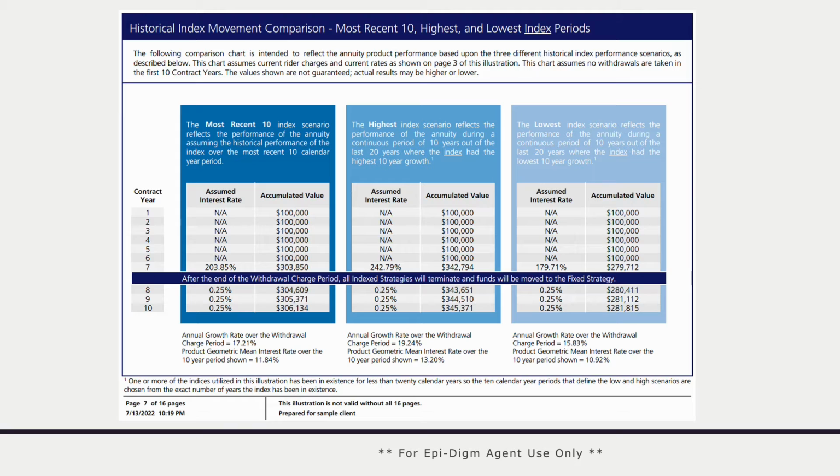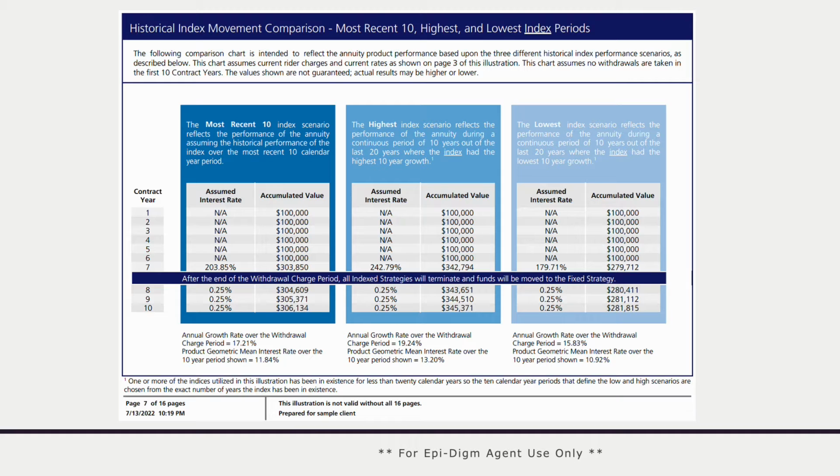The first one that pops into my mind is the 7-year product. The good thing about this 7-year product is that the cap, spread, and participation are very understandable, meaning they're not going to change every year.